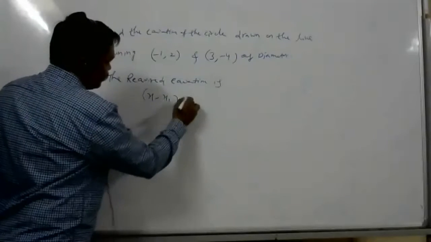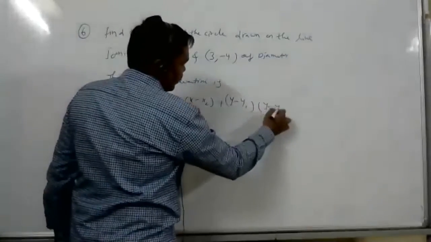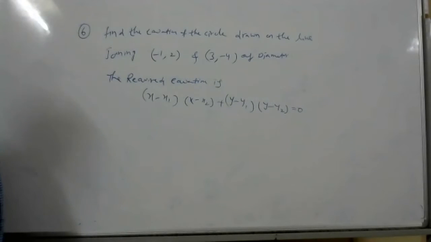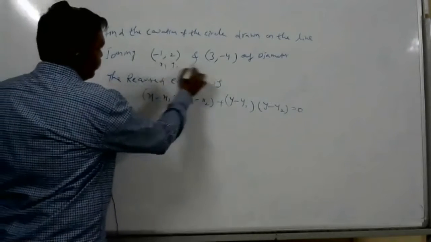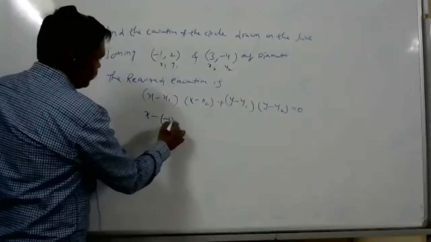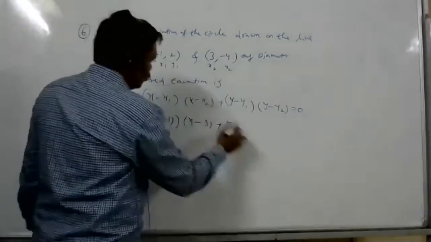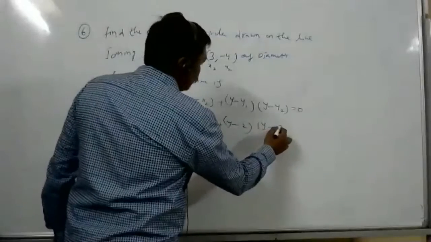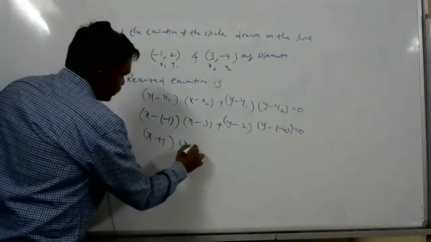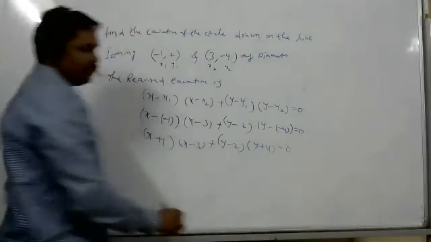x minus x1 into x minus x2 plus y minus y1 into y minus y2 is equal to 0. Now substituting x1 y1, x2 y2: x minus minus 1 into x minus 3 plus y minus 2 into y minus minus 4 is equal to 0. Now x plus 1 into x minus 3 plus y minus 2 into y plus 4 is equal to 0.